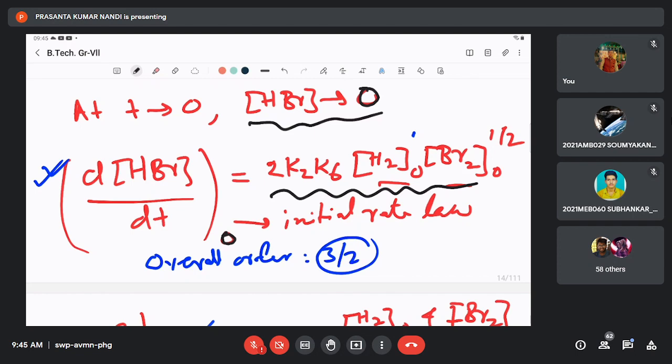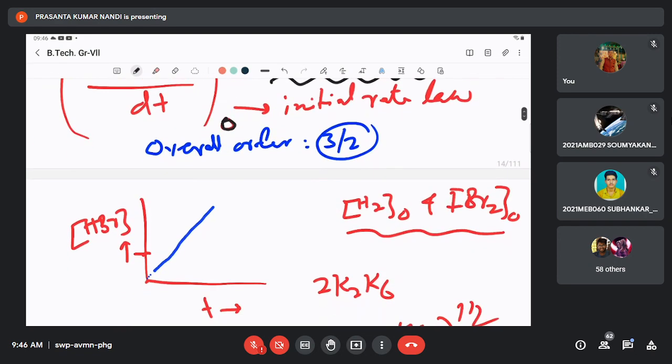So at the very beginning, the rate of formation of HBr, which we call the initial rate law, has an overall order of 3 halves, that is first order with respect to hydrogen and half order with respect to bromine.